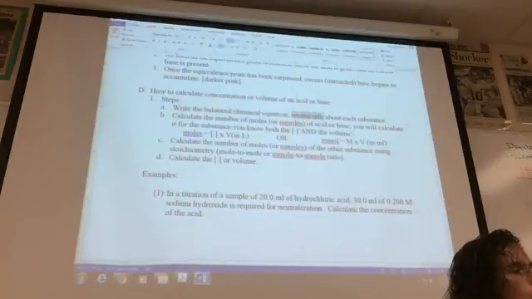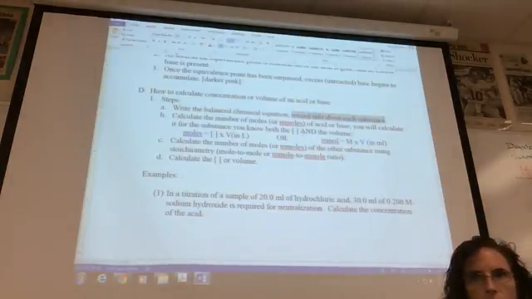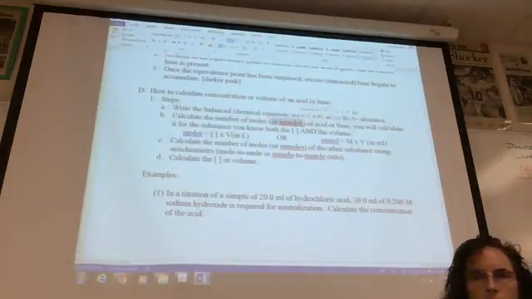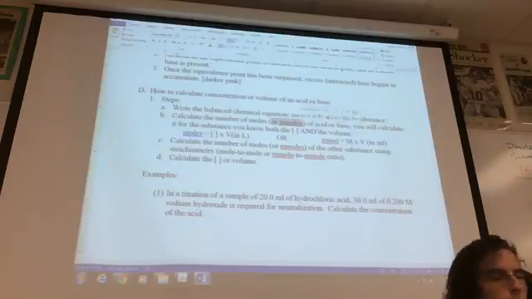You will also record information about each substance, and I'll show you how I do that. You're then going to calculate the number of moles or millimoles of acid or base. If they give you a volume in mLs, and they probably will, it really is easier to use millimoles. I'll show you that in a minute.